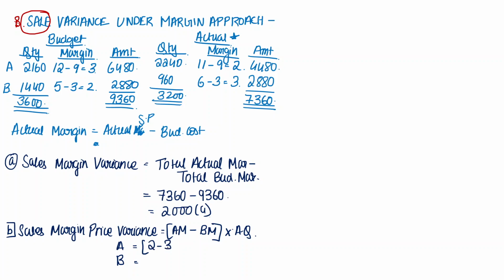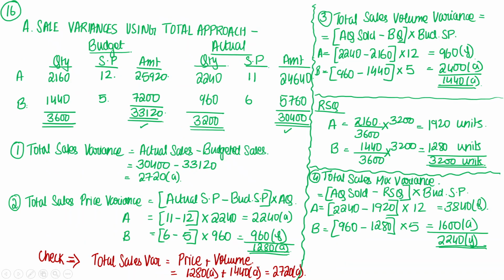For A: 2 minus 3 into 2240. For B: 3 minus 2 into 960, which is 960 favorable. Net is 1280 adverse. Go and check your total sales price variance.